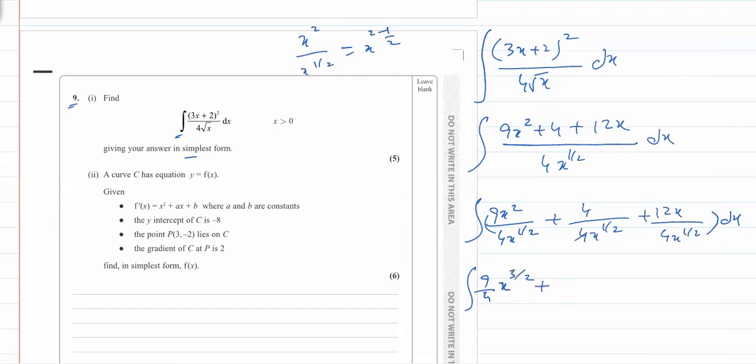Plus, this 4 will cancel with 4 and I can write it as x^(-1/2). And plus 4 threes are 12, and x over x^(1/2). I can write it as 1 minus 1 over 2, that will be 1 over 2. So x^(1/2) dx.